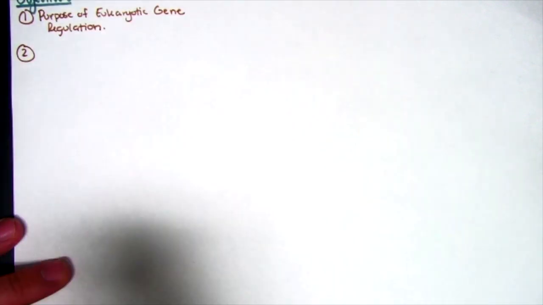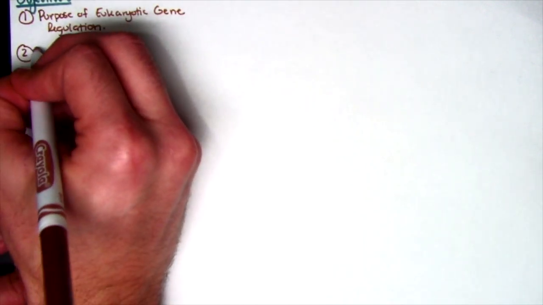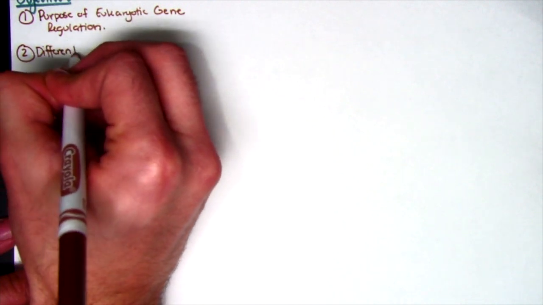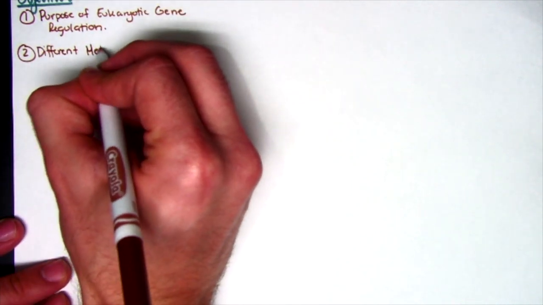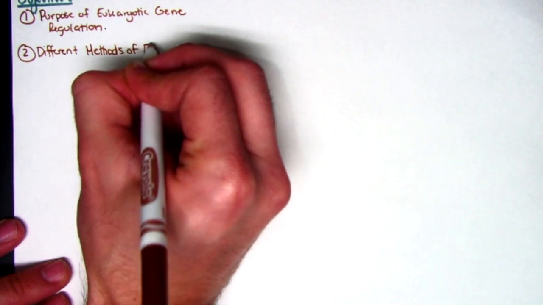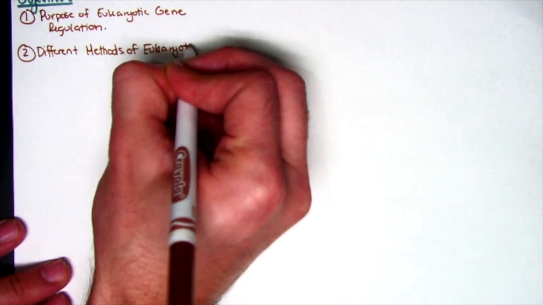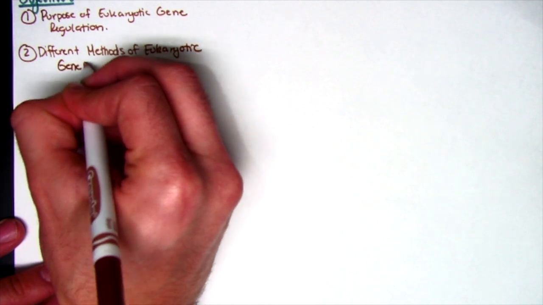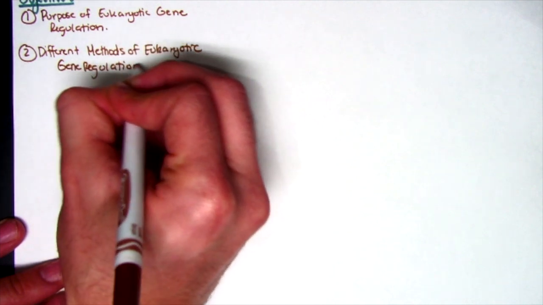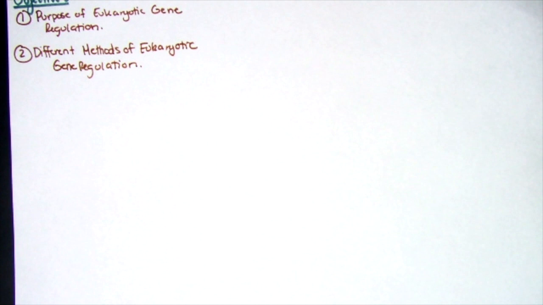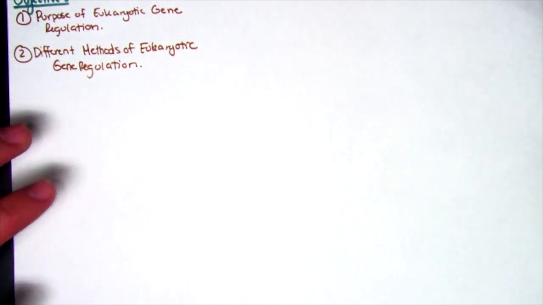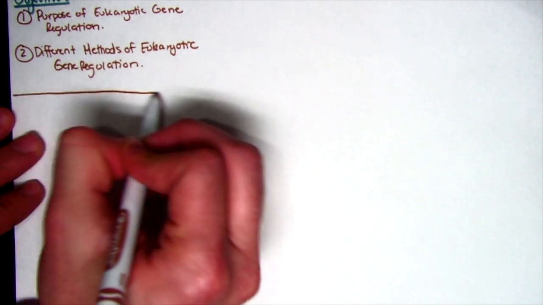The second objective is to talk about the different methods of eukaryotic gene regulation. Those are my two objectives: the purpose and the methods. So let's start with purpose.